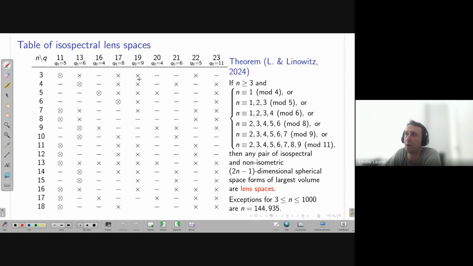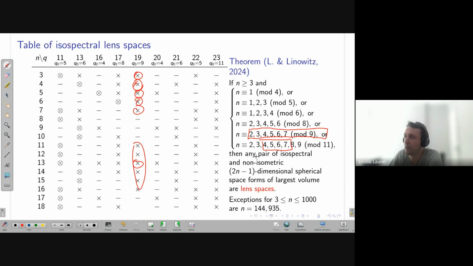You take this one, and then you sum 9 to 4, so you have this, and you sum 9 to any of these numbers, and you have always, in this row, for every n congruent to these numbers, this.